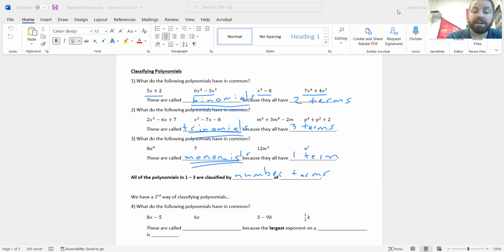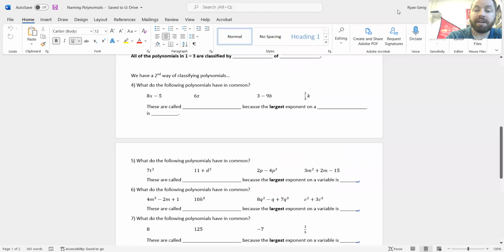Okay. There's another way to classify, though, that's a little bit trickier for most people. We'll look at some commonalities here first before I give you those names. So what do these have in common? Well, they're not number of terms. 8x minus 5 has 2 terms, the next one, 6z, has 1 term, and then 2 terms, and then 1 term.